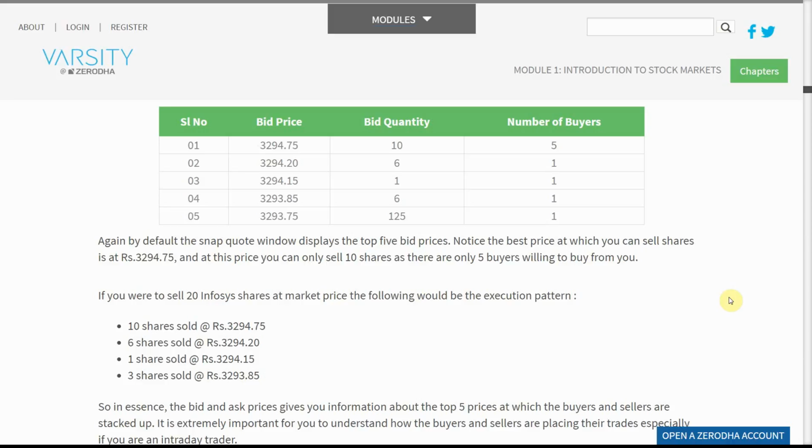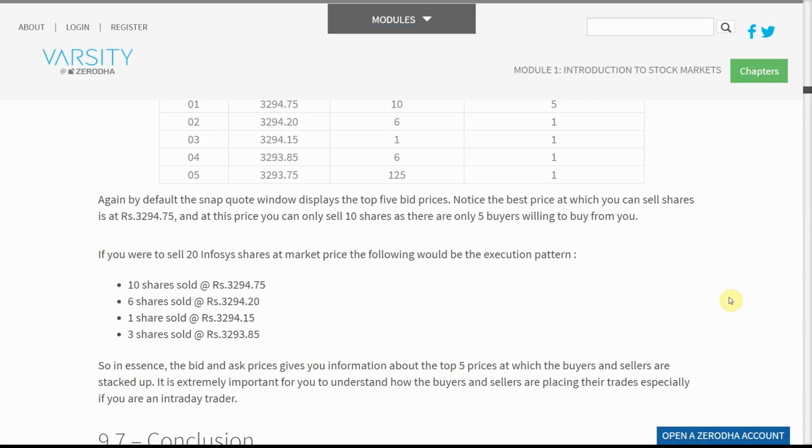Again, by default, the snap quote window displays the top 5 bid prices. Notice the best price at which you can sell shares is at 3,294 rupees and 75 paise. And at this price you can only sell 10 shares as there are only 5 buyers willing to buy from you.